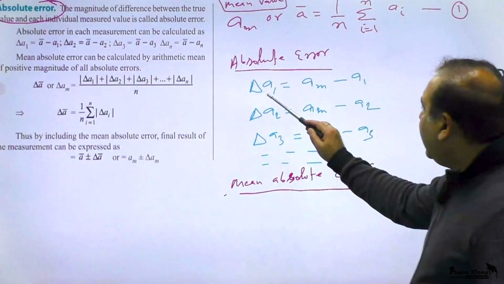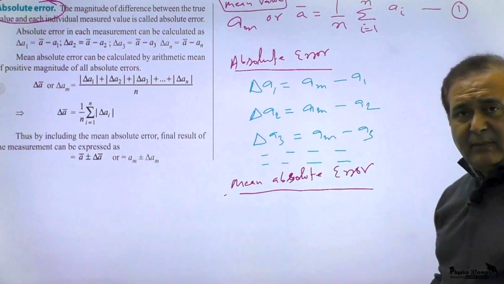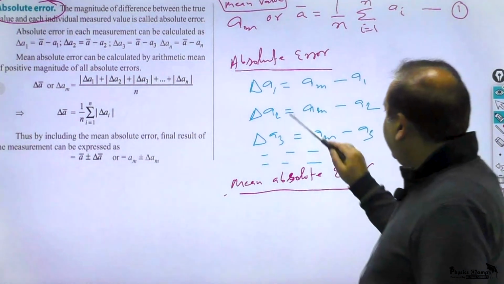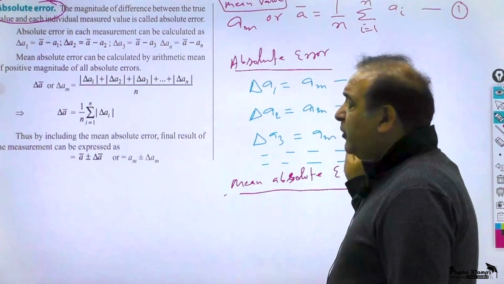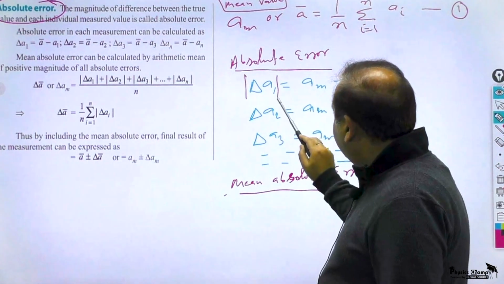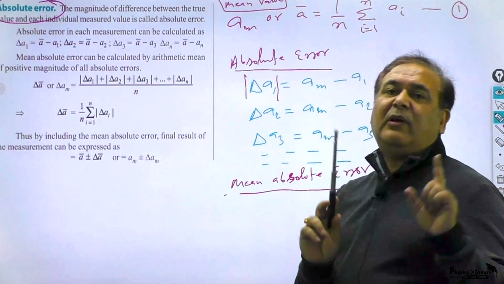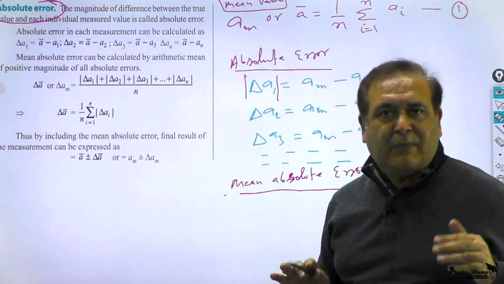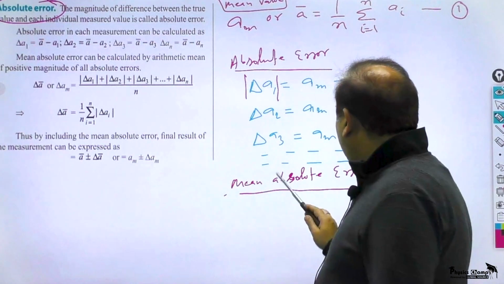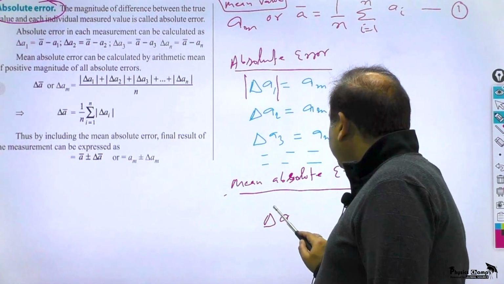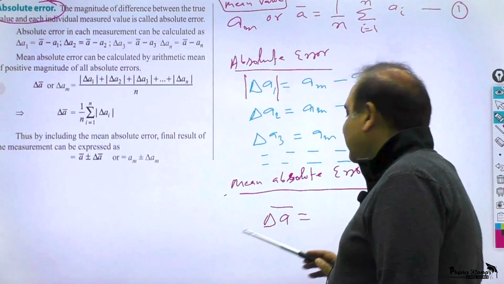So if delta A1 is AM minus A1, here AM can be bigger or A1 can be bigger. If AM is bigger, it will be positive. If A1 is bigger, then it will be negative. But when I write it with the absolute sign, it means I am just talking of the positive value of it. So when I talk about mean absolute error, it is the mean of all absolute errors.